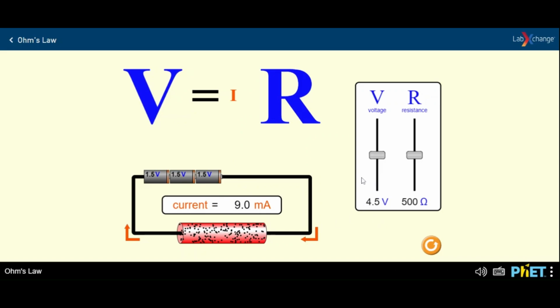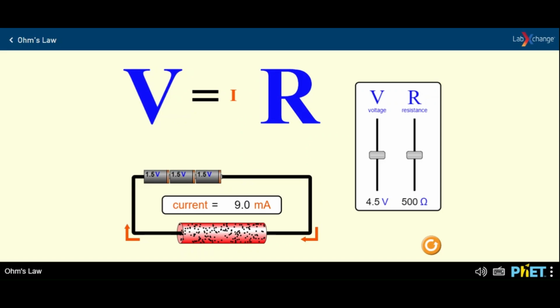So from these variables that I'm given here, if you take a voltage of 4.5 and a resistance of 500 ohm, and you substitute in this formula, it will give you 9.0 milliamperes, which is the same as 0.009 amperes, because 1 ampere is the same as 1,000 milliamperes.